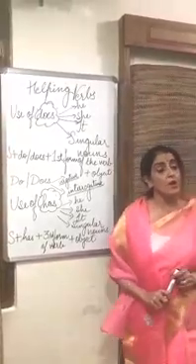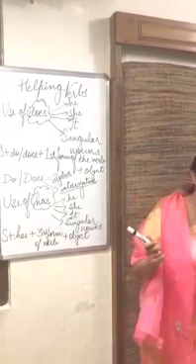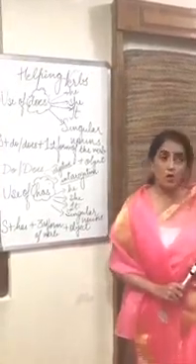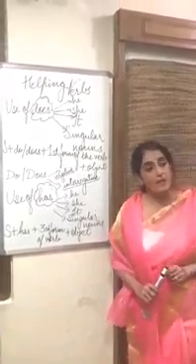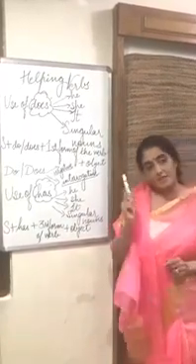Another example. Mohan has written the letter. She has gone. Hari has done his work. So in all these sentences, you can observe that we have used third form of the verb. Let's come to the use of have.